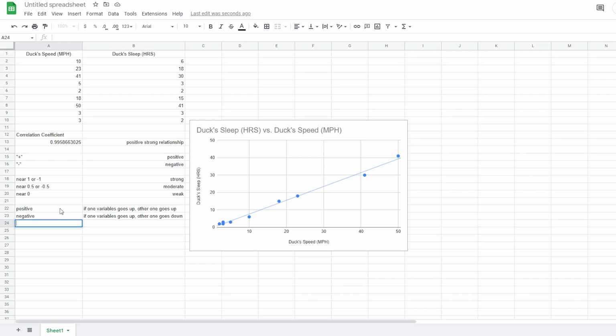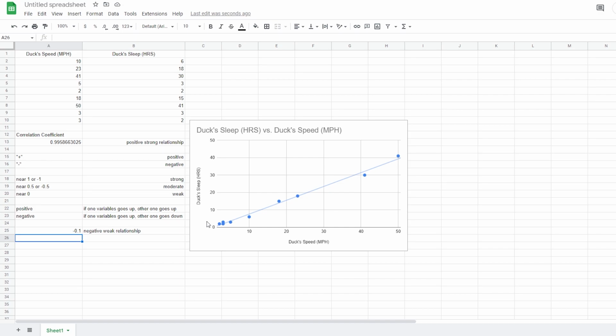So let's do a few examples, right? Let's say the number I have is negative 0.1. Well, let's look at our thing. That's a negative, then it's near 0, okay? It's closer to 0, so that's a negative weak relationship. Well, negative weak relationship means it doesn't correlate that well, okay?